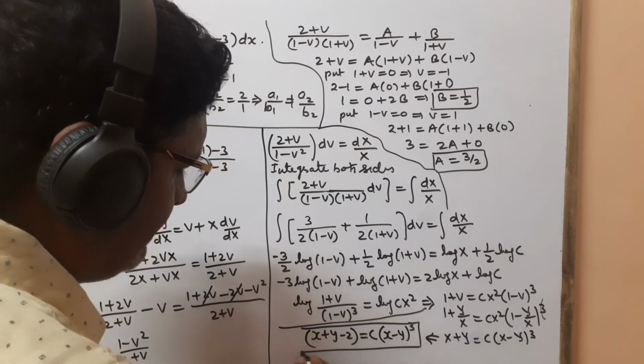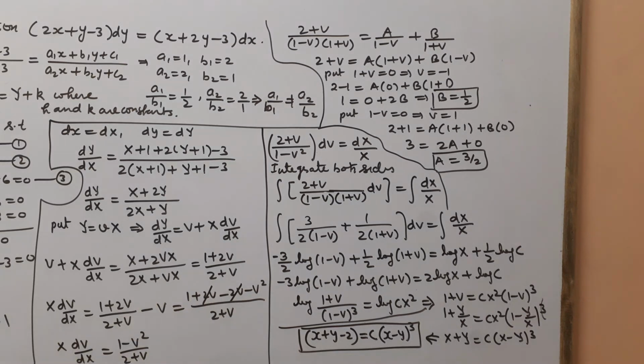So this is the solution of the given differential equation of first order first degree in the form dy by dx is equal to (a1x + b1y + c1) divided by (a2x + b2y + c2). Thank you.